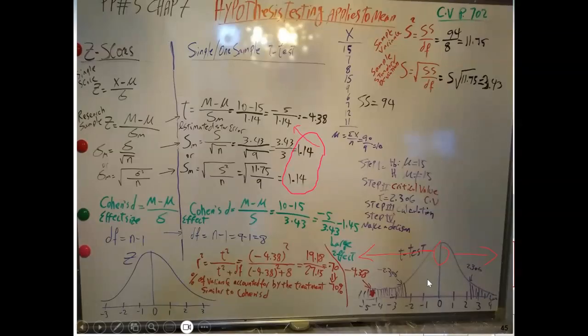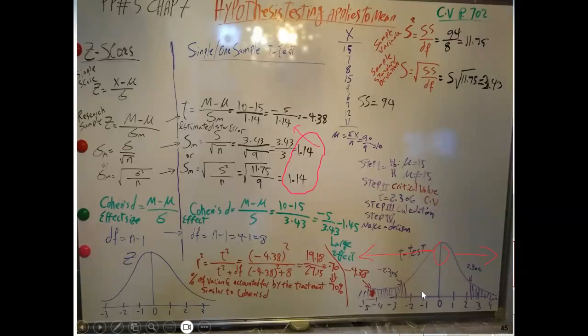And where is the critical value? 2.306. You can see that it's two-tailed, so you have to cover both tails, or non-directional. If our calculated t turns out to be positive, we're on the right tail, and on the right tail the critical region or rejection zone starts with 2.306.